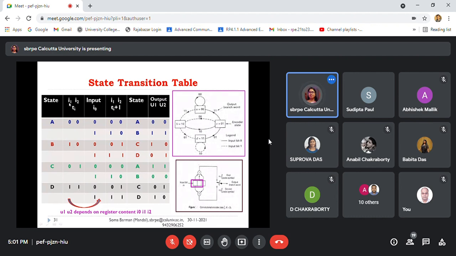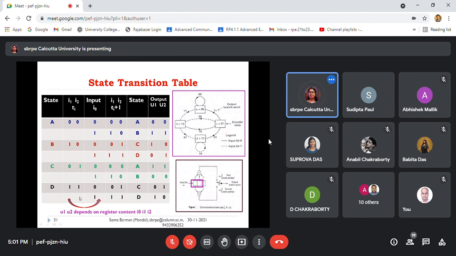We are considering the time instant ti, because as time advances, the input sequentially comes into the encoder, and obviously the state will transit from one state to another. So we are considering that 0 0 is the state at time instant ti for A. For the B node, it is 1 0. For C, it is 0 1, and for D, it is 1 1.